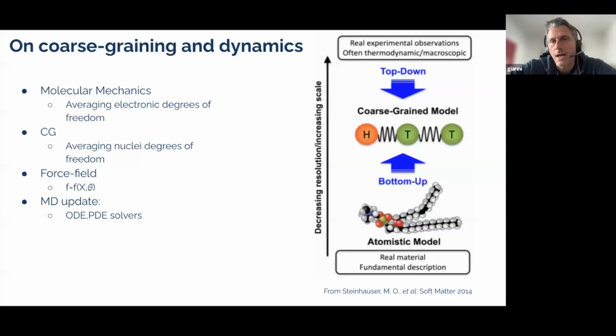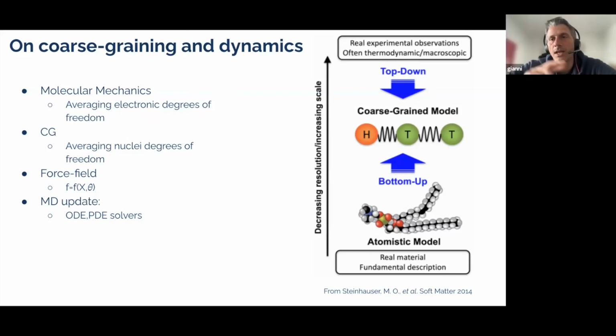The idea is that molecular simulation has been used for a while in drug discovery, and it is usually used in the form of molecular mechanics. So you have an atomistic model, down here, with all these atoms, hydrogen, carbon, oxygen, and so on. And because you cannot run quantum mechanics for such a big system, even worse for proteins, there were approximate methods, normally called molecular mechanics, where you build a force field which averages out the electronic degrees of freedom.